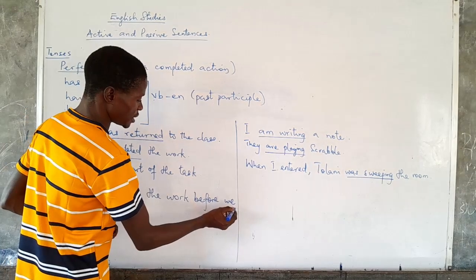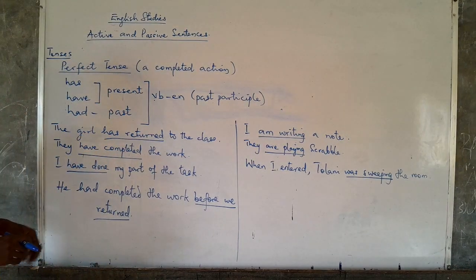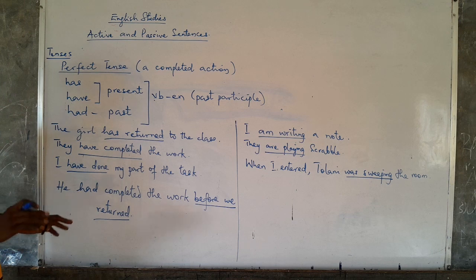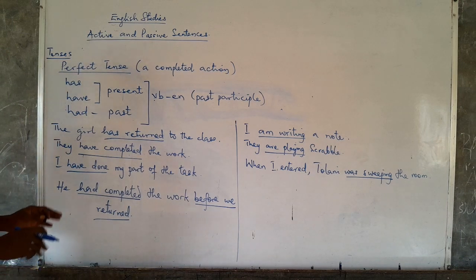Before we returned happens to be an adverbial clause of time, stating the time that the action was completed. Had completed, we have to go. Please take note of that as well.